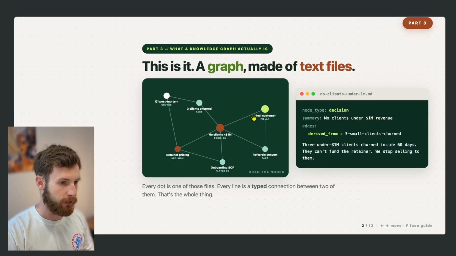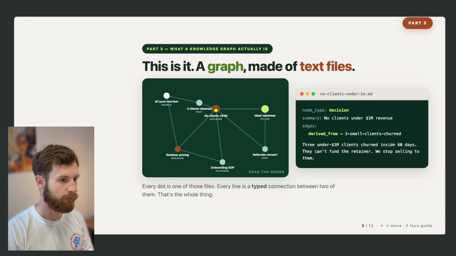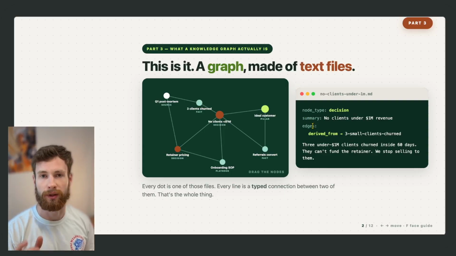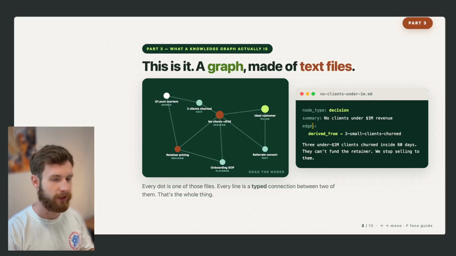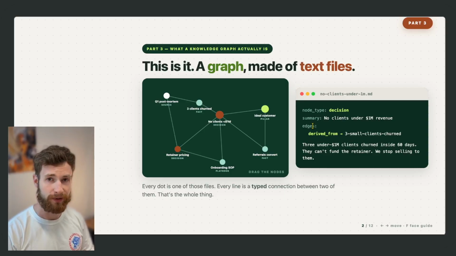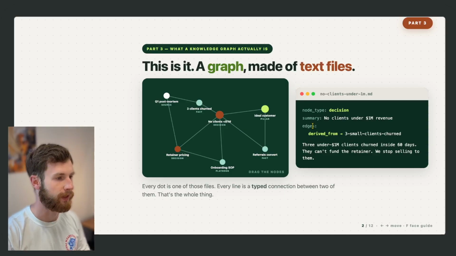We call these text files nodes. And when you connect them together by saying that one is related to another text file, that is called a link. So a knowledge graph is essentially just nodes, text files, connected with links, which are just references within a text file showing that it is connected to something else.